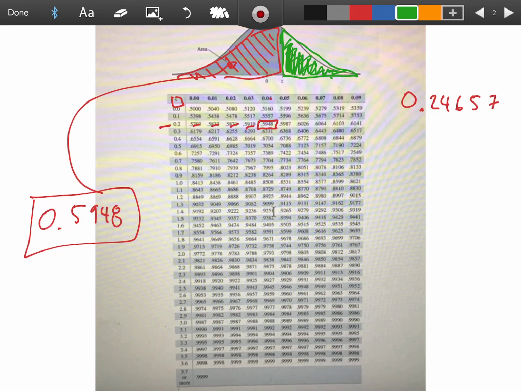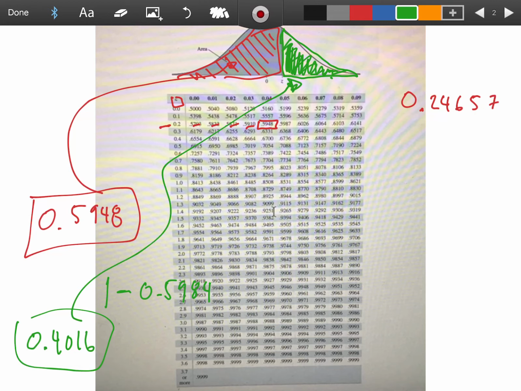If the whole thing is 1, then 1 minus 0.5984 equals 0.4016. So that green area has to be 0.4016.